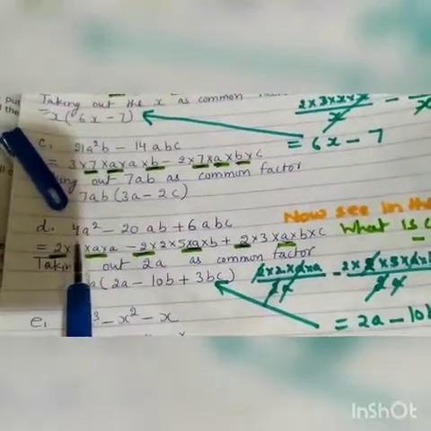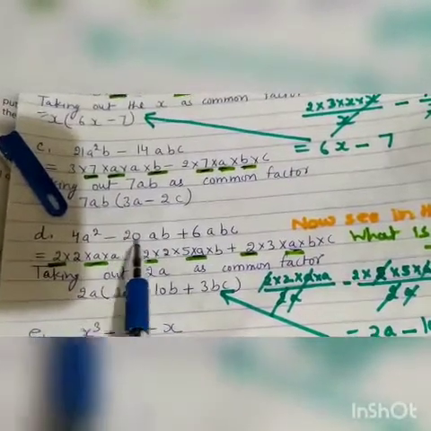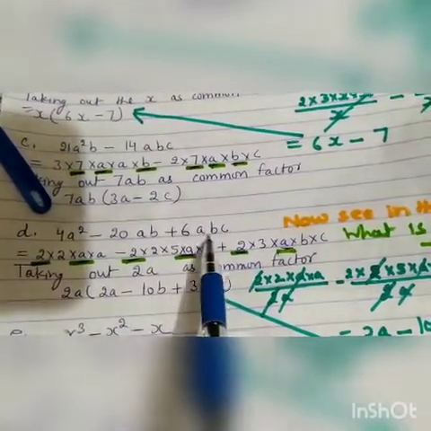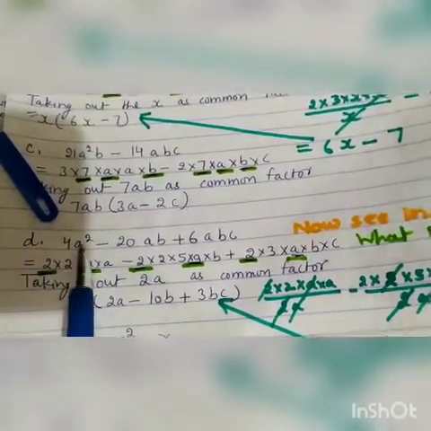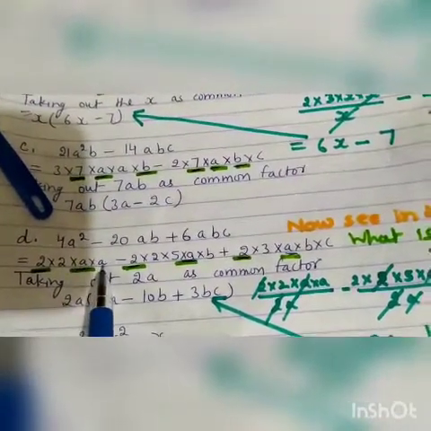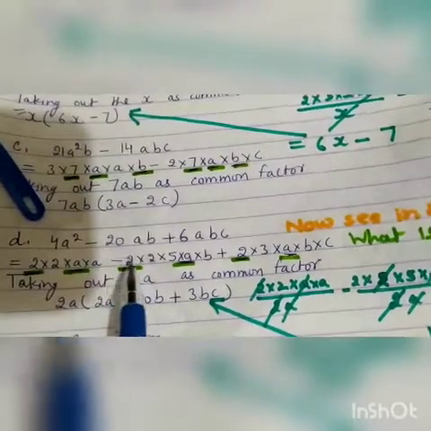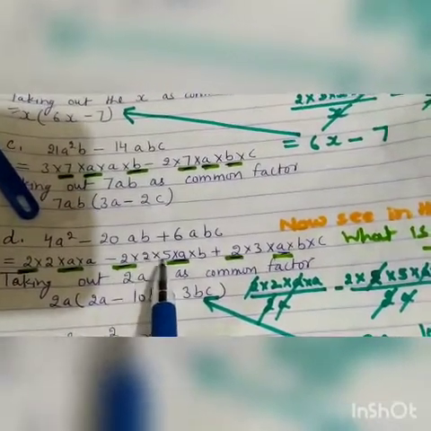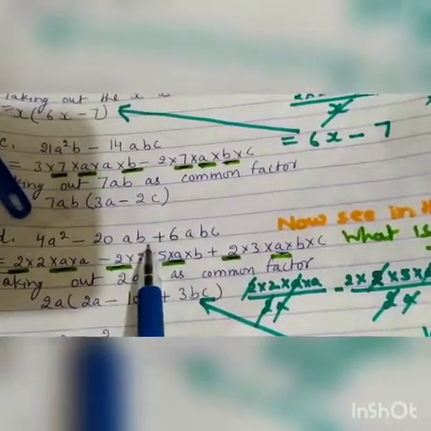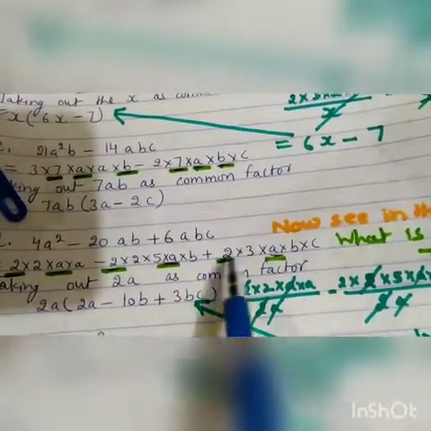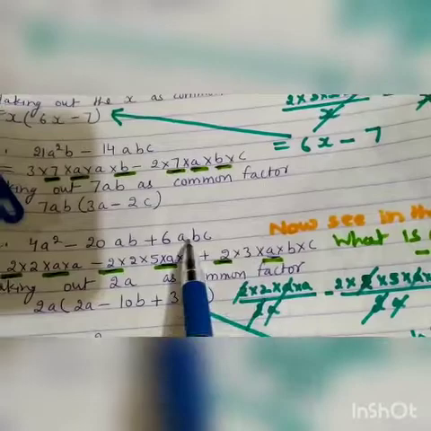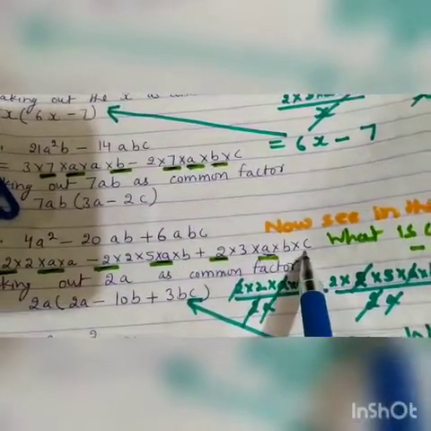Next part. 4a square minus 20ab plus 6abc. So 4 can be written as 2 2 is 4. A square can be written as a multiply a, minus 20 can be written as 2 2 is 4, 4 5 is 20. This ab can be written as a multiply b, plus 6 can be written as 2 3 is 6, abc.